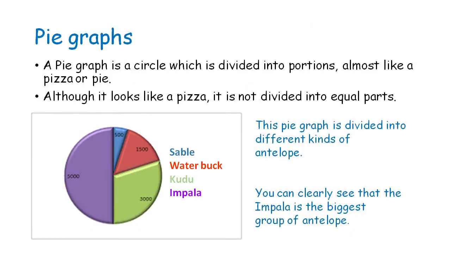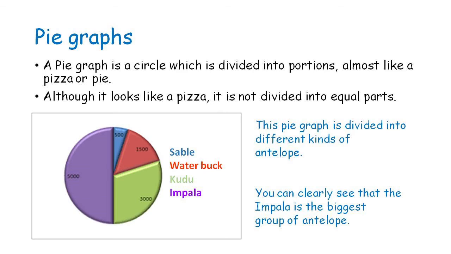The next type of graph we're going to look at is quite an easy one. It's a pie graph. Now, a pie graph is a circle which is divided into portions or pieces, almost like a pizza, or like the name says, a pie. Although it looks like a pizza, it is not divided into equal parts.